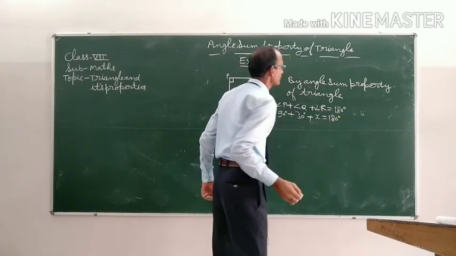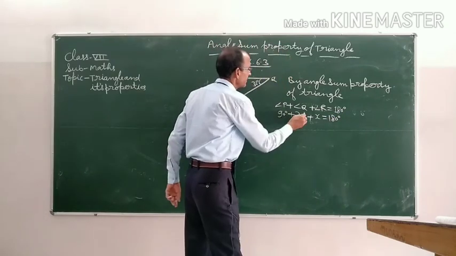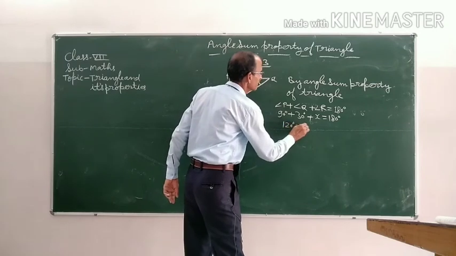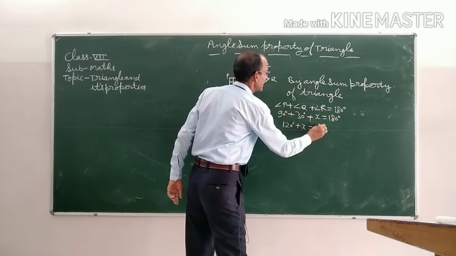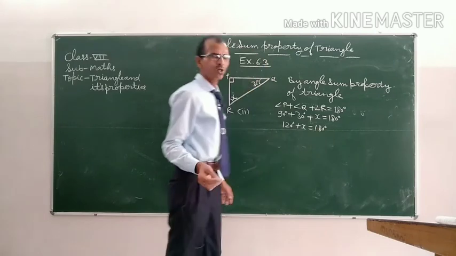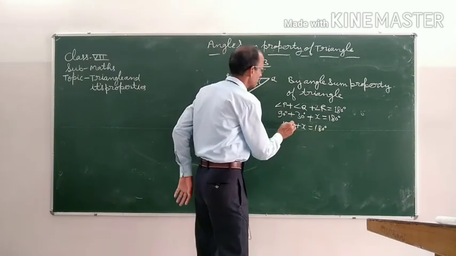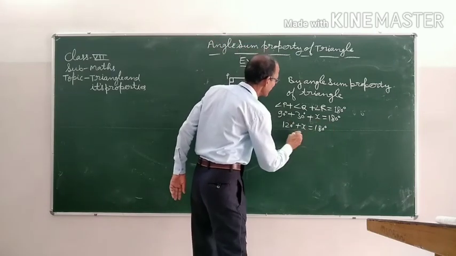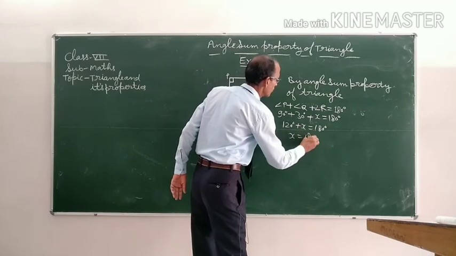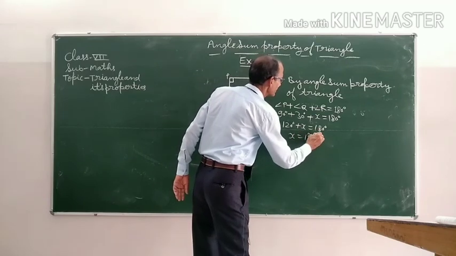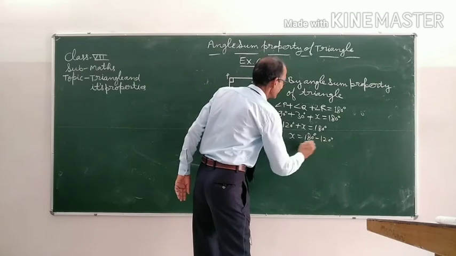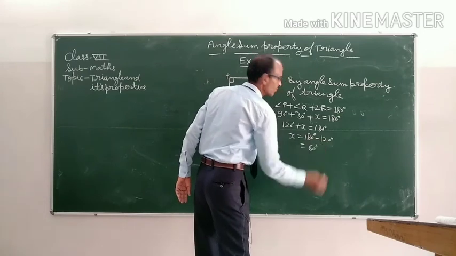Okay? 90 plus 30, 120 degree, plus X is equal to 180 degree. So transposing 120 degree to right hand side, we get X is equal to 180 minus 120 degree is equal to 60 degree. Okay?